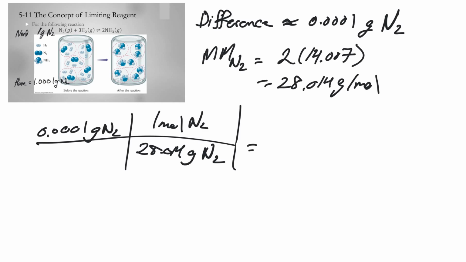And we get 3.57 times 10 to the negative 7th moles of nitrogen. A very, very tiny number, about 357 ten-millionths of a mole.